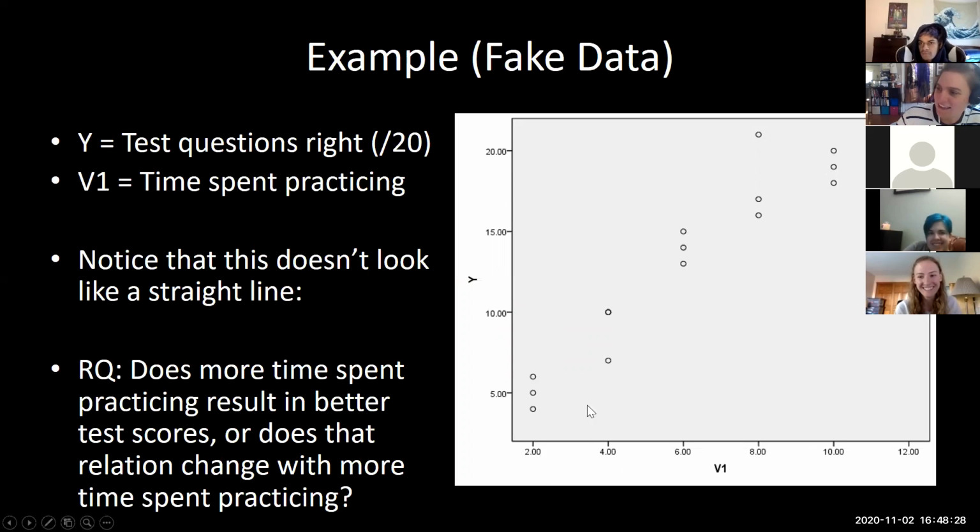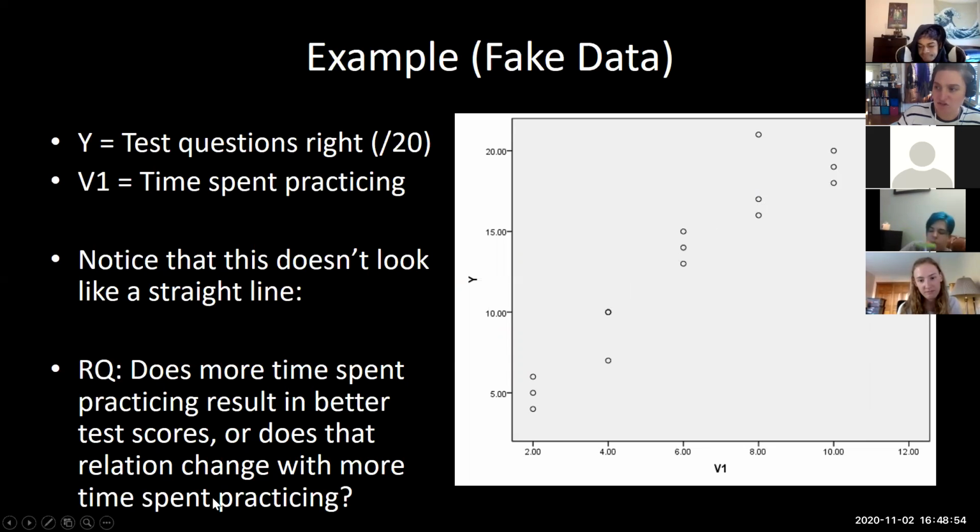That's all I know. So then as you increase the amount of time you're spending practicing, people look like, I'm eyeballing, they look like they're getting better. But it also looks like they're then not getting as much better as you keep spending more time practicing. You get to 15, and then you keep practicing, but you're not getting that much better, and you keep practicing, and you're not getting that much better.